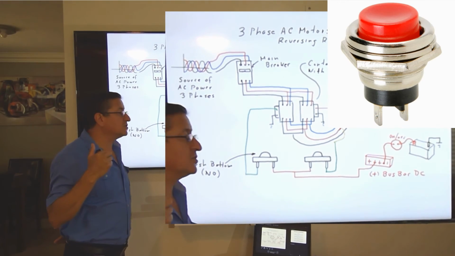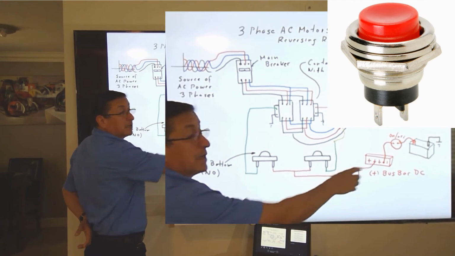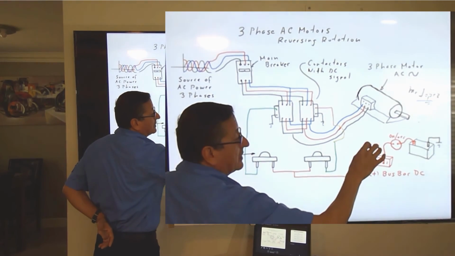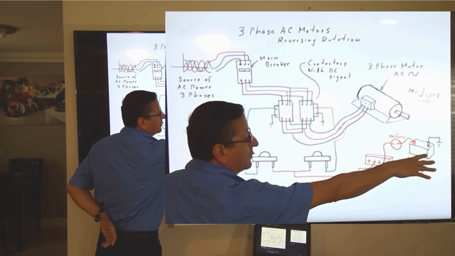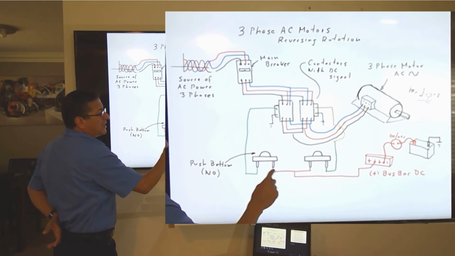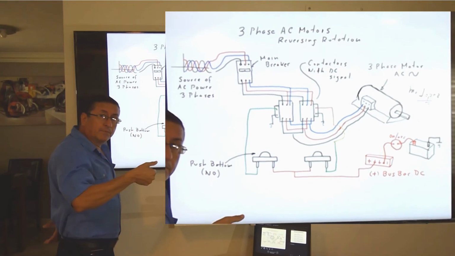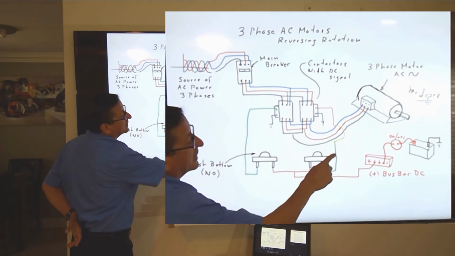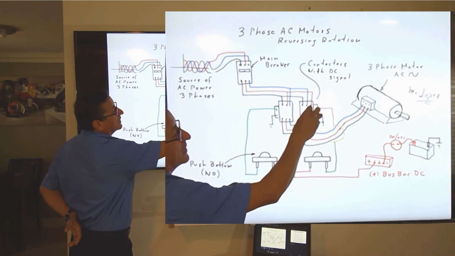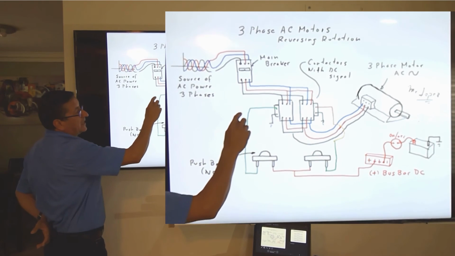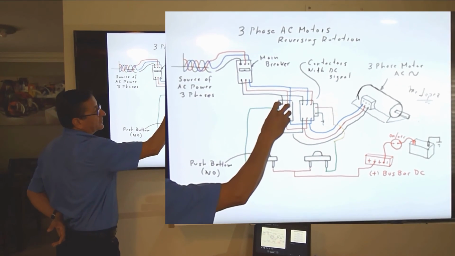This is the positive bus bar of my DC panel, and the positive bus bar receives the power from the batteries. The positive enters in the middle, in between both push buttons, and from the output of the second push button I activate contactor number 2. And from the output of the first push button, I activate the first contactor.